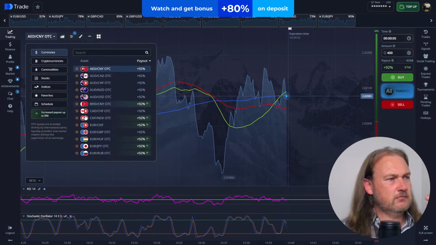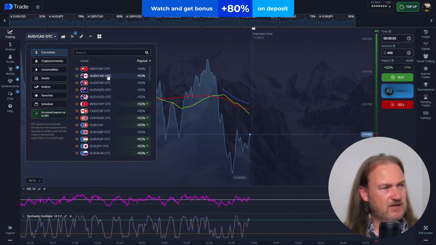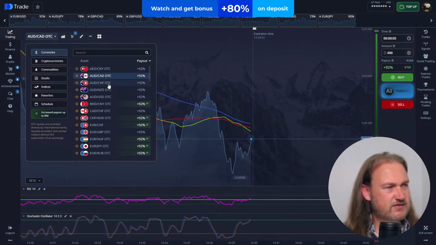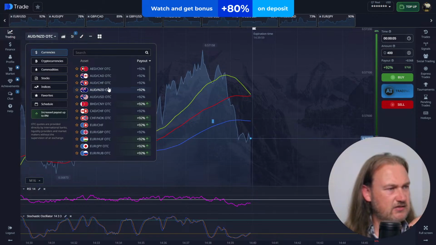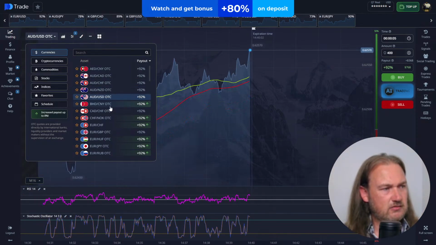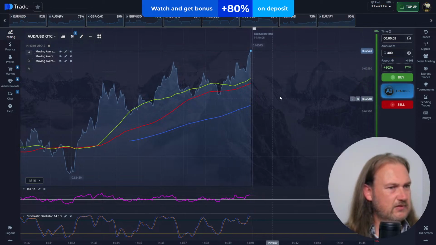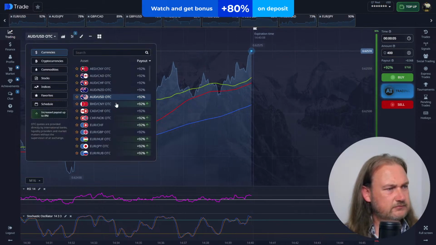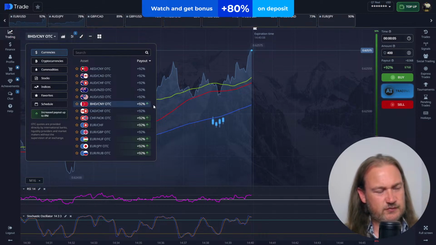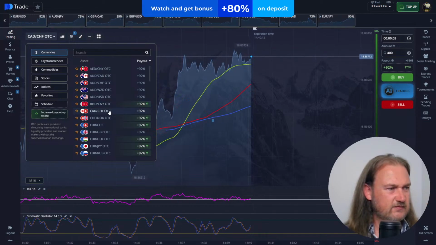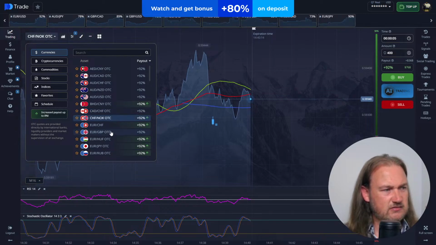Okay, so I'm on OTC on a tick chart, and I'm just going to look for something that's in a clear trend. Let's see if we can find an asset that's trending nicely.